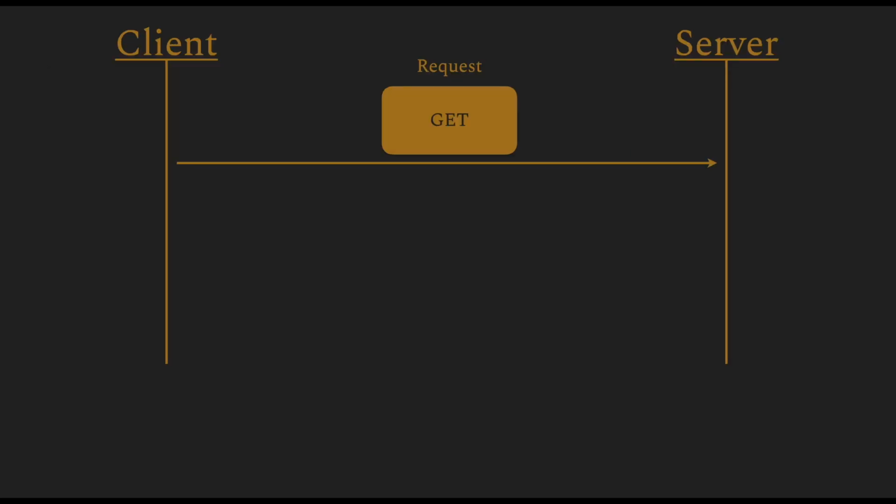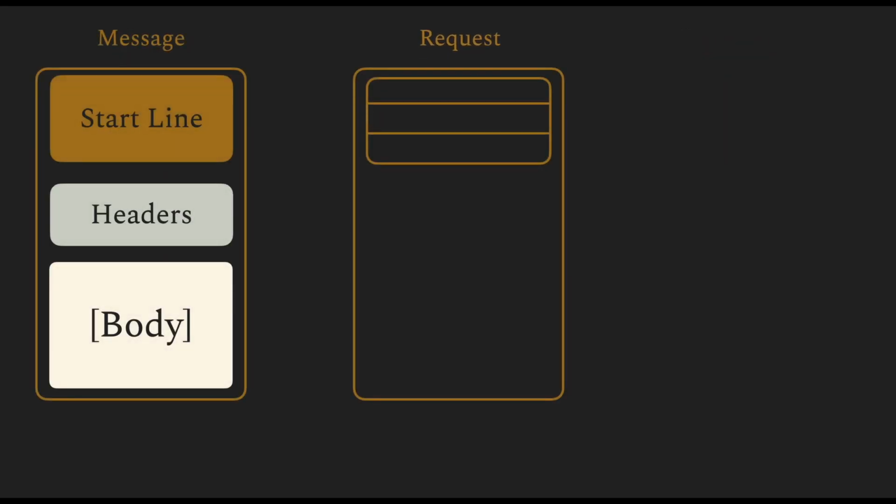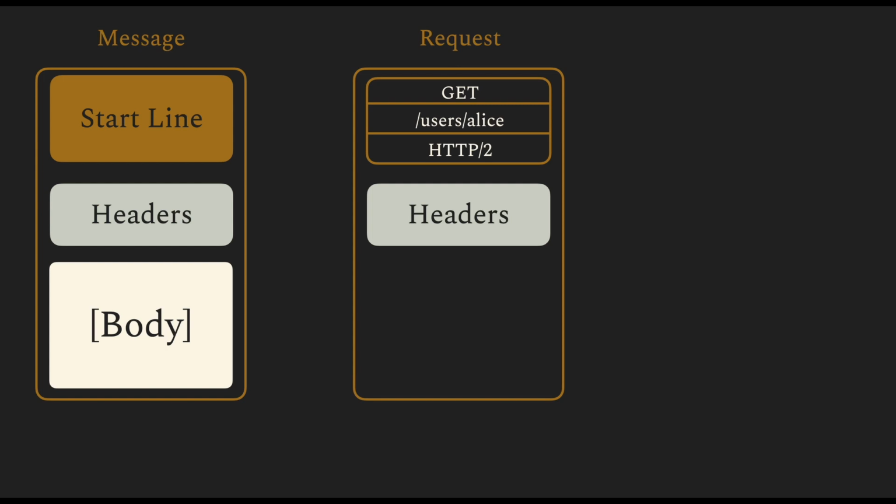Now let's look at a few examples. We go back to our basic walkthrough example and the user trying to do a GET request on a server. In this case, the start line consists of the method that is GET, the URL, which is users Alice, and the HTTP version. For an arbitrary example, we're just going to take HTTP2. And there are also some request headers, and there is no body because you're trying to get some data from the server.